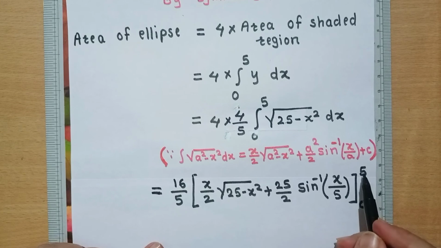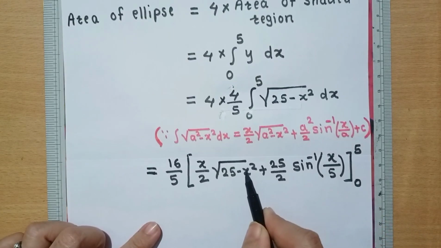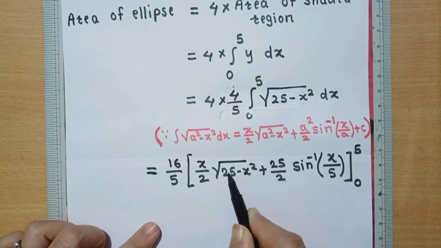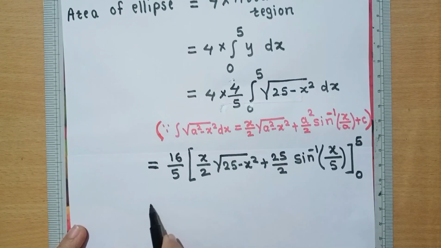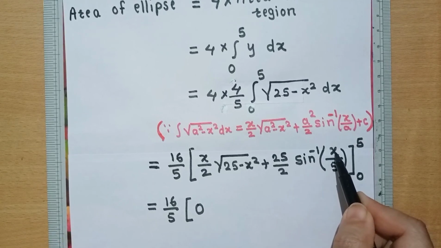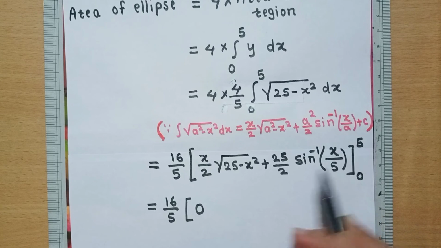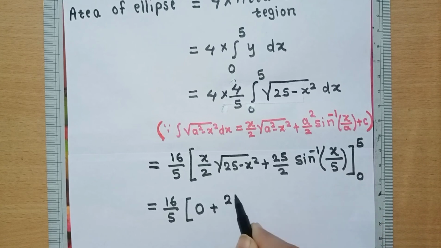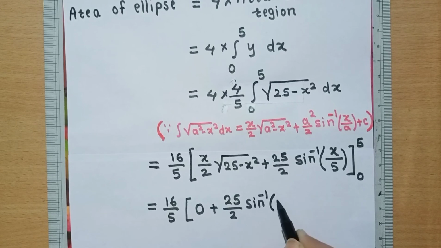First we will substitute the upper limit 5. When x square is equal to 25, we substitute 25 minus 25, which is 0. First term 0, and here we substitute x is equal to 5. So 5 upon 5 is 1. Here we write this part as it is, 25 upon 2 sine inverse 1, and the middle sign is minus.